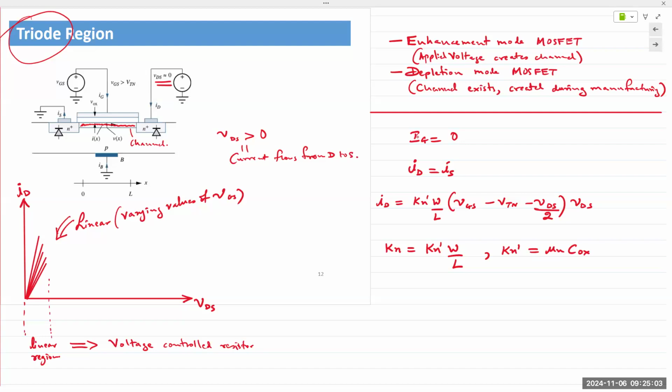Again, that goes back to the manufacturing process and the design process, so the quality of the oxide and the dimensions of the structure.